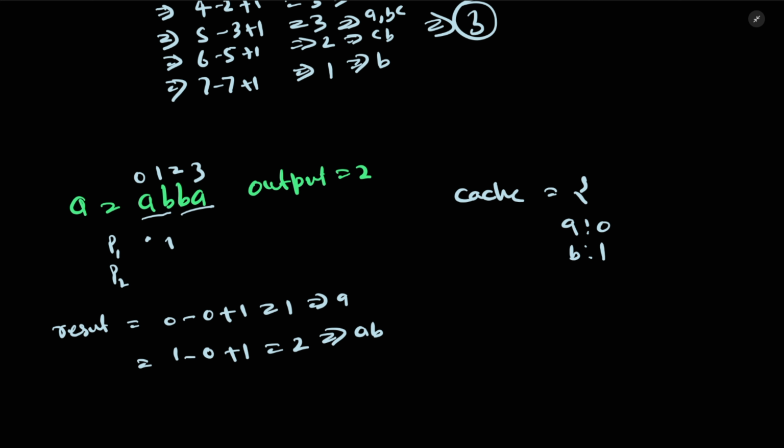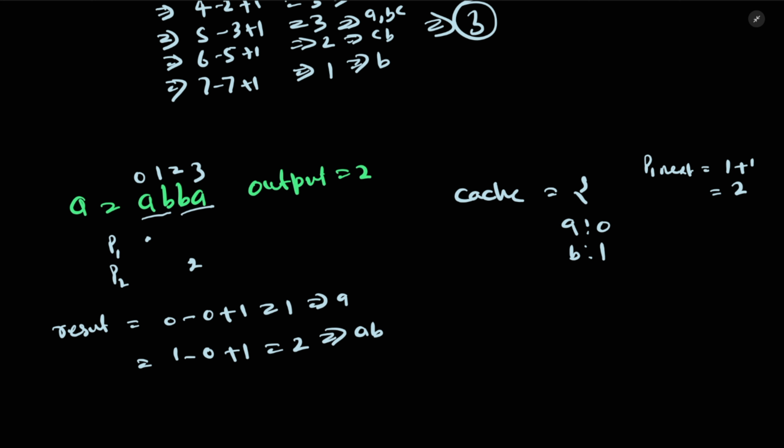Okay, again I will move to the b, and p2 will go to b, so p2 will be here at index 2. Now I have already seen the b, so what I need to do is calculate the next position of the p1. So p1 next, we can say this will be the previous position of the b, and that was 1 plus 1, so this will be 2.